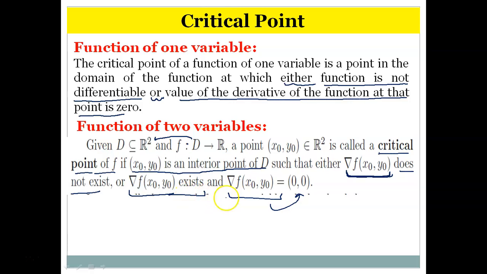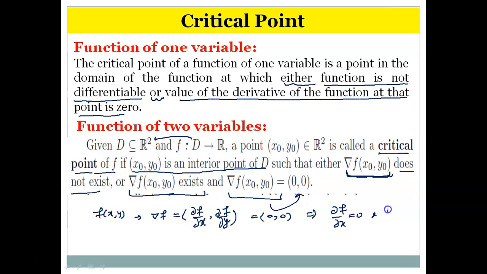Mathematically, suppose I have f(x, y) as a function of two variables. What is the meaning of del f? Del f means (del f over del x, del f over del y). So when we say it is (0, 0), that means del f over del x equals 0 and del f over del y equals 0.